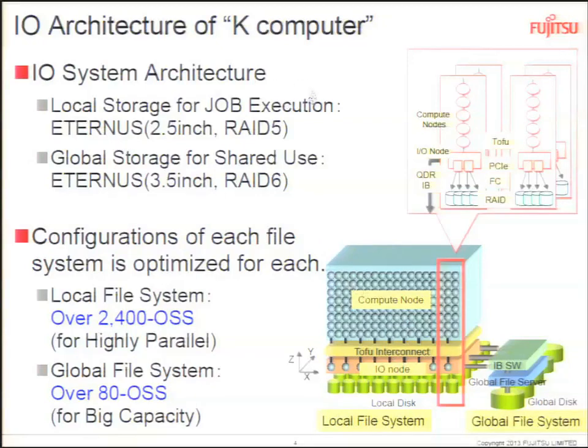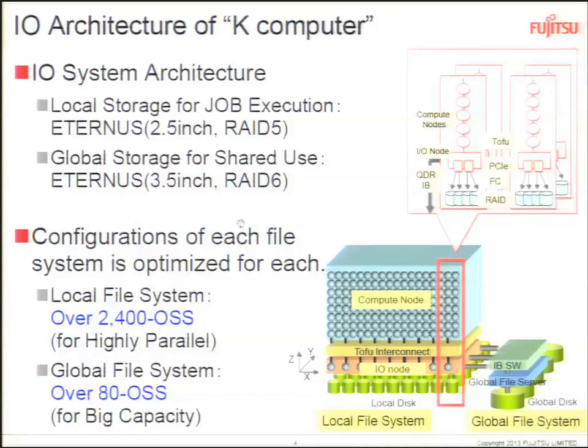There are 2 types of storage. A local storage for job execution, which is fast storage. We use the same physical storage, but the configuration is different: 2.5-inch based and RAID 5. And the global file storage is for shared use. It is the same Ethernet storage, but the configuration is different: 3.5-inch based and RAID 6 based.